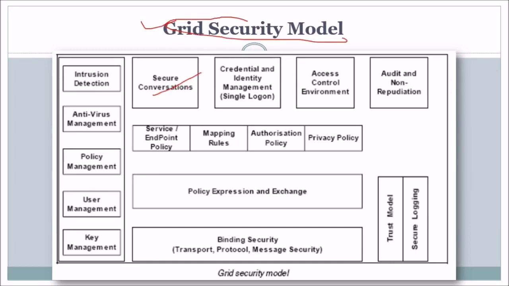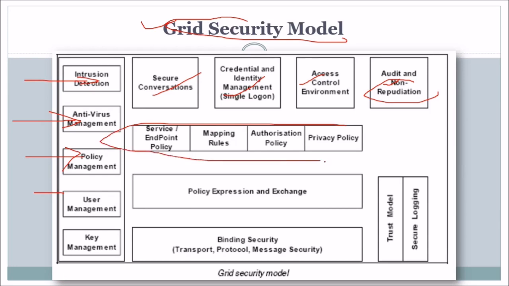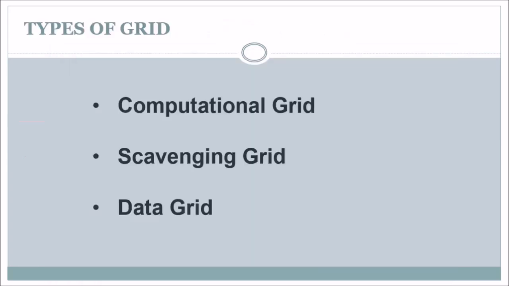You have secure conversation, credential and identity management, access control environment, audit and non-repudiation. There has to be intruder detection, antivirus management, policy management, user management, key management. These are various policies and rules which are being applied, and these are policy expressions and exchanges, and these are the binding securities. So this is the grid security model.